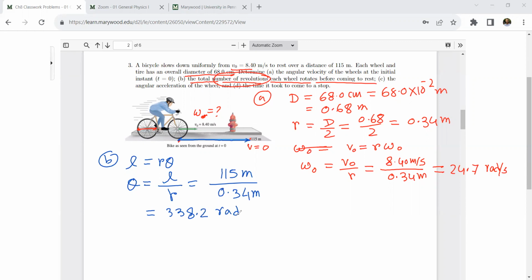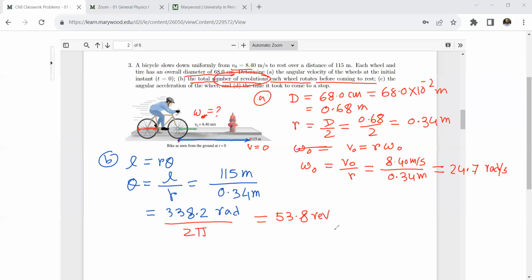Similar to the last problem, if I want to know the number of revolutions, we have to divide it by 2 pi. If you divide it by 2 pi, it gives you 53.8 rev. This is the number of revolutions.